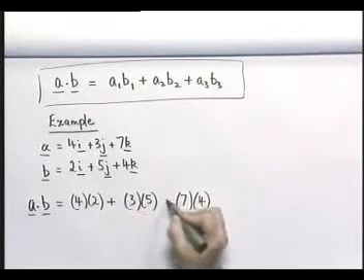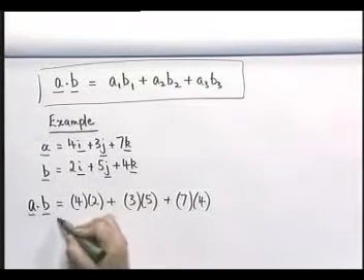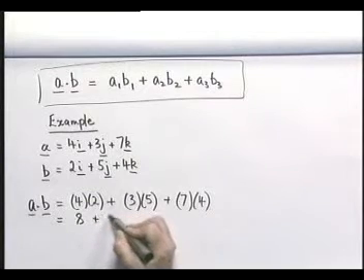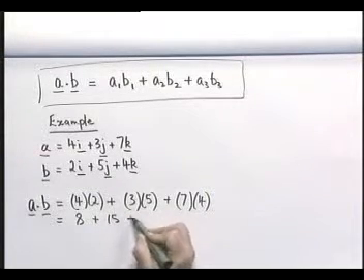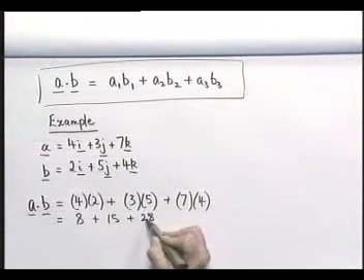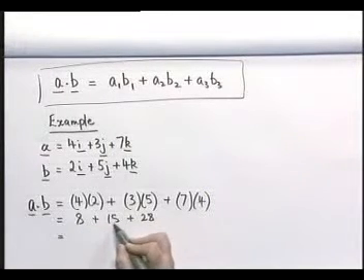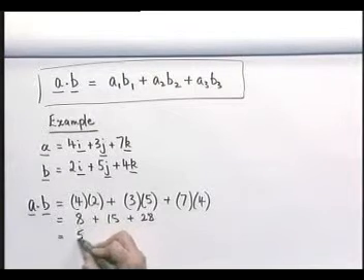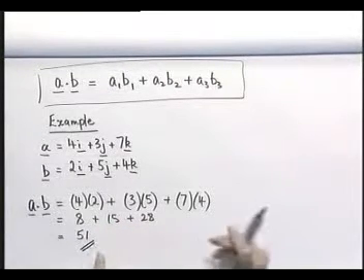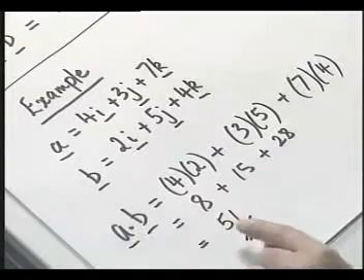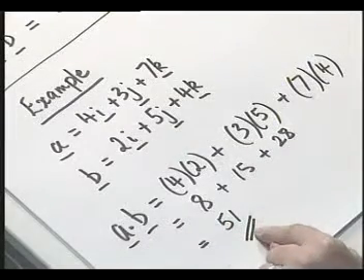And we do that, and we add up all the results, and we'll get 8 plus 3 5s are 15, 7 4s are 28, and if we work those out, we shall get 28, 15, and 8 to add up to 51. So the dot product of A and B is the scalar 51.